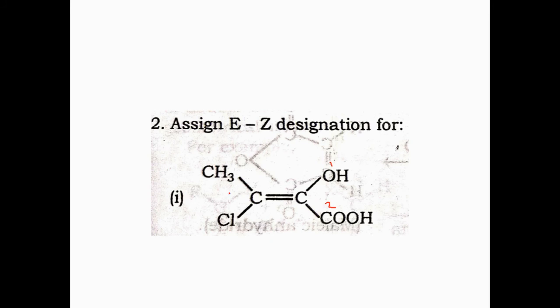The atomic number of chlorine is greater than that of carbon, so priority 1 for chlorine and 2 for carbon. Then the similar priorities are arranged on opposite sides, 1, 1 and 2, 2. So this is E configuration.